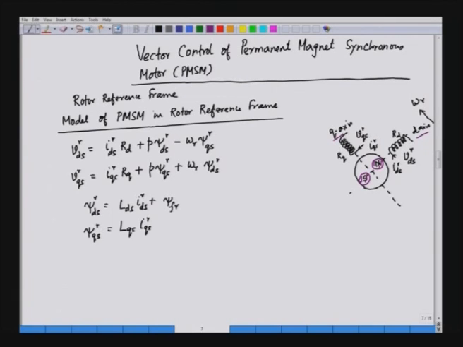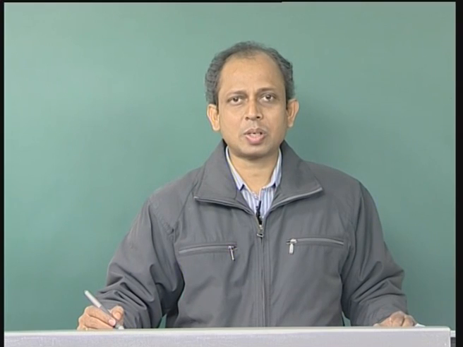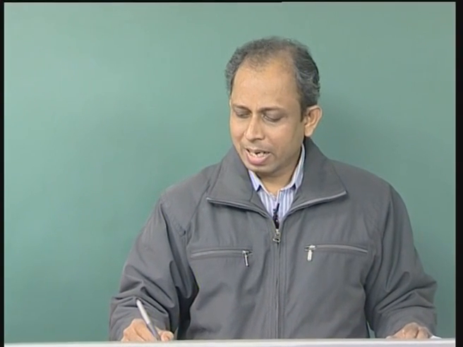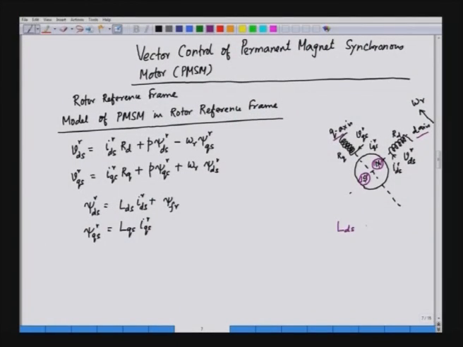So, in fact, in a PMSM machine the D axis inductance is smaller than the Q axis inductance. So, in general we can say that LDS is less than LQS, because if you see in the D axis we have a magnet, and the magnet will behave like an air gap.